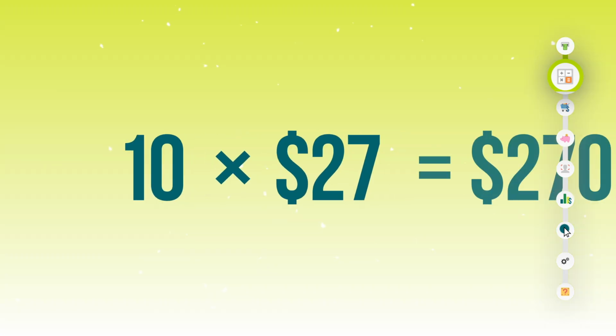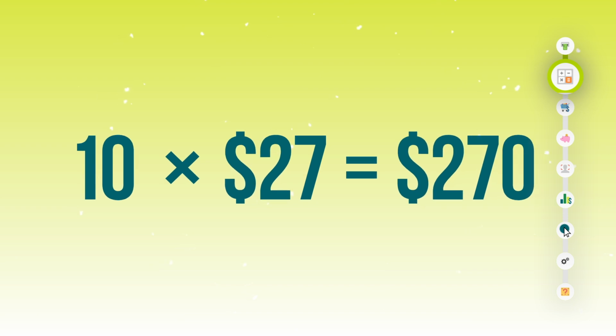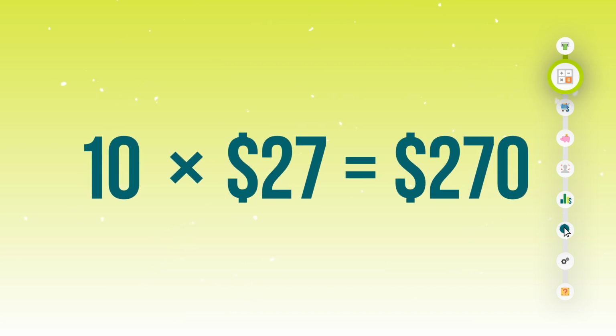To calculate your purchase conversion value, you would take the number of items sold and multiply it by the cost of those items. In our previous example, there was 10 items sold that cost $27 a piece, resulting in a purchase conversion value of $270. The purchase conversion value is then used to calculate the ROAS along with your ad spend.